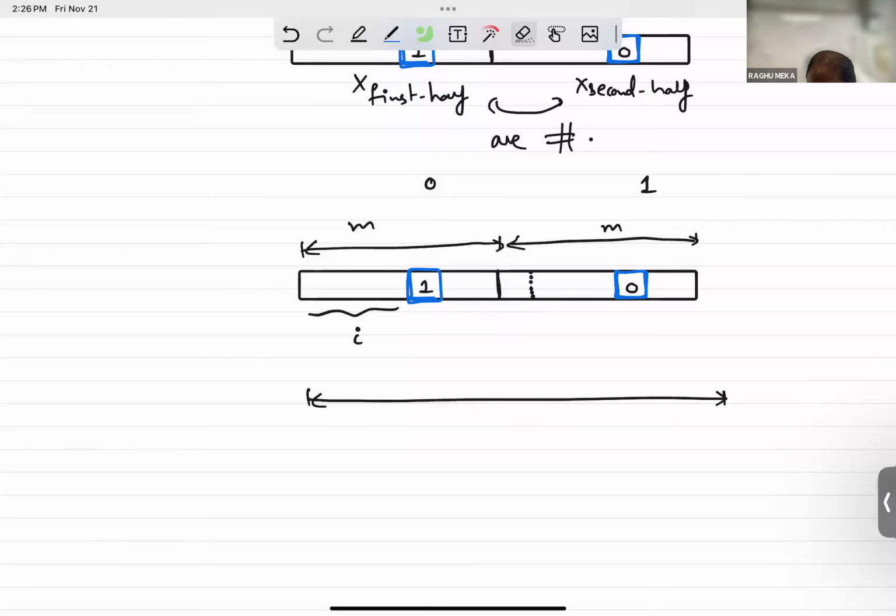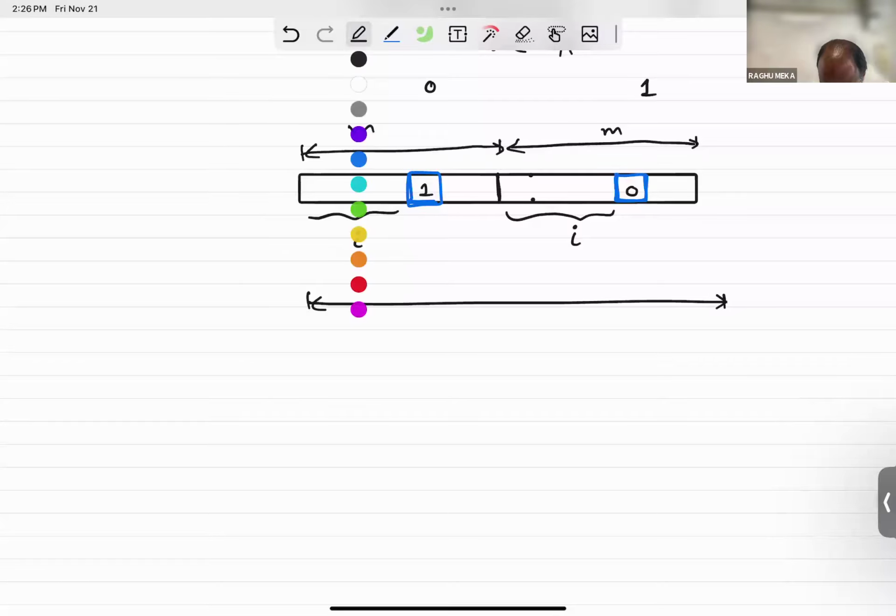We want something like this. It's difficult for me to pair them from the middle because I cannot control it. But what I can control is kind of how many steps I move in. So this is what I'm going to try and do. So how many positions do I have here? This is m minus I minus 1.